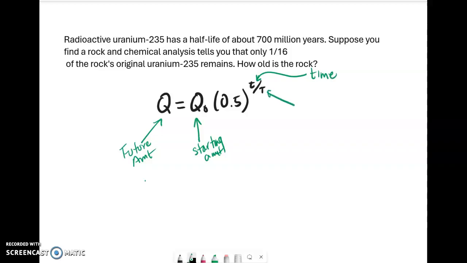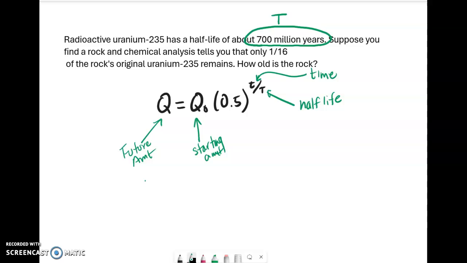And we've got a capital T, which stands for the halving time or the half-life. So in this problem, this is different than the typical problem we see with half-life. It tells us that the half-life of this uranium-235 is 700 million years. So this would be my capital T in regards to this formula.